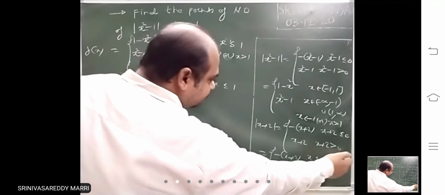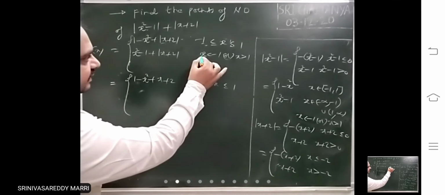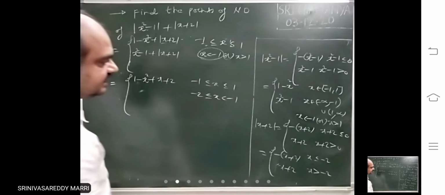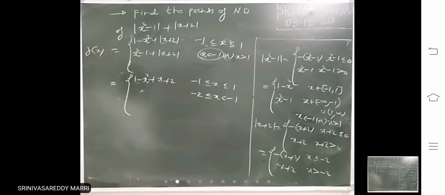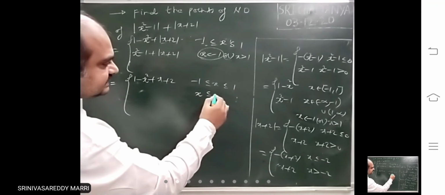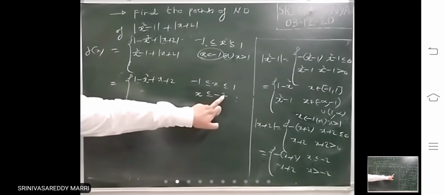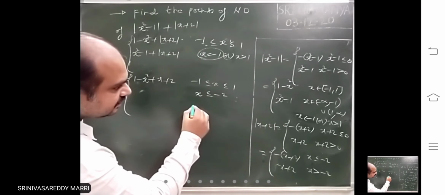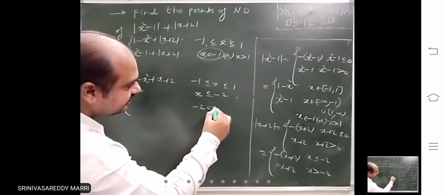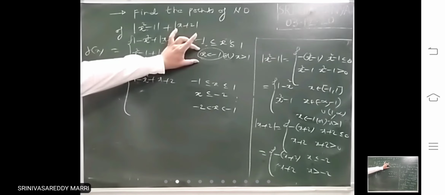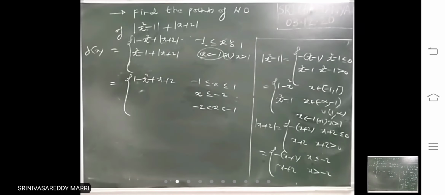I am dividing this into x less than or equal to minus 2 and x lies between minus 2 and minus 1. These both will become x less than minus 1.